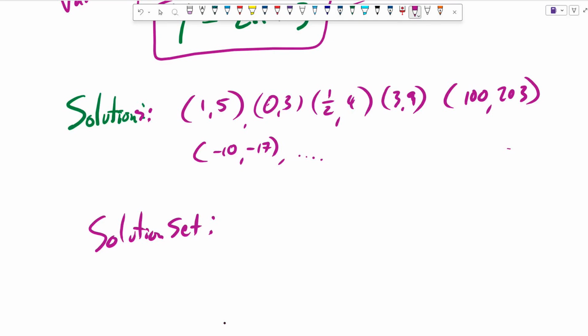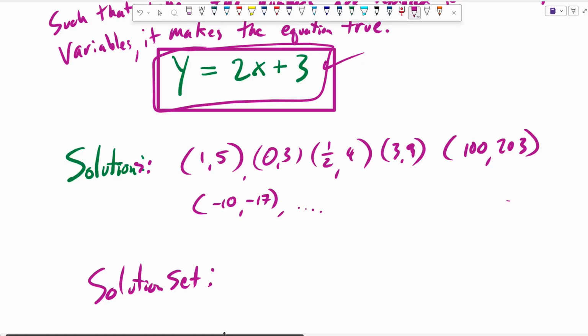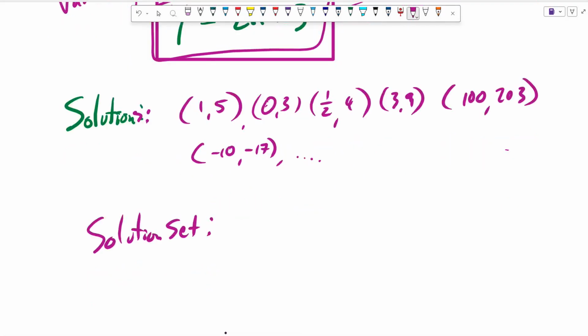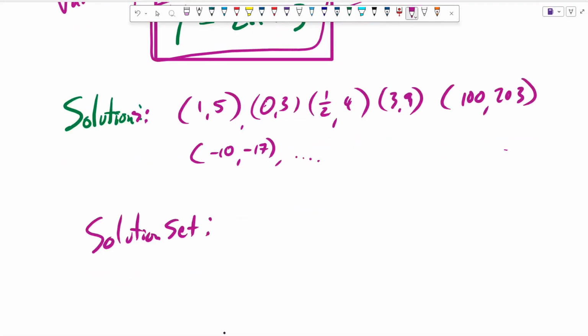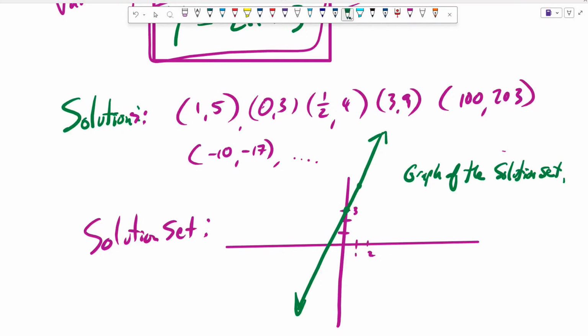In fact, you've written down the solution set to this many, many times. How do we do it in 8th grade? Oh, good, make a graph. We graphed the solution set.